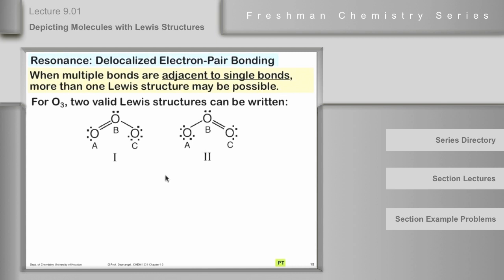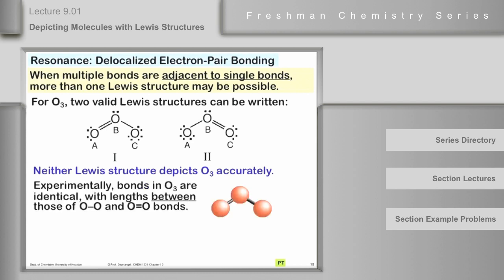And what I said before is that neither one of these 2 Lewis dot structures, both of which are octet structures, correctly represents ozone, because, as I said, experimentally the ozone bonds are identical. The molecule has equal oxygen-oxygen bond lengths and bond strengths.